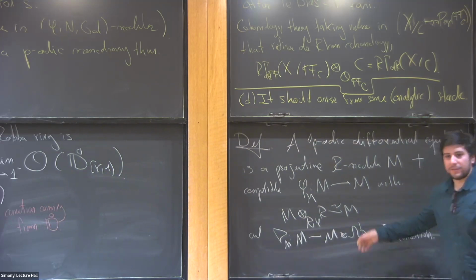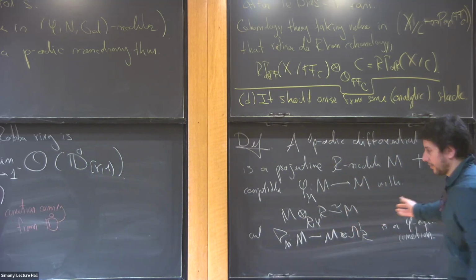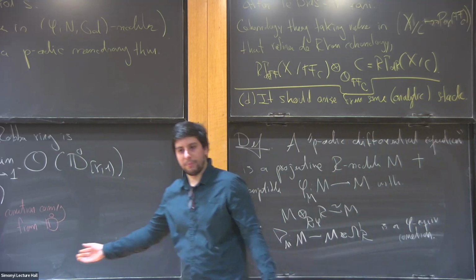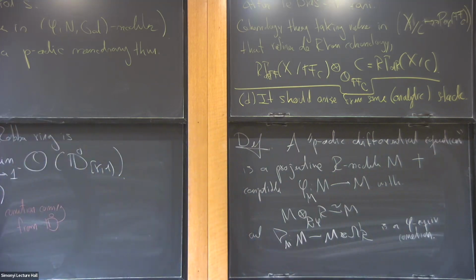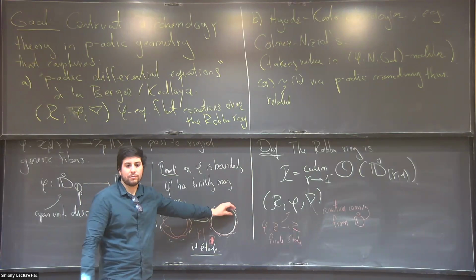In other words, p-adic differential equations are just Frobenius-equivariant flat connections over the Robba ring, which again you should think about basically as something close enough to having a flat connection on an open disk, except that maybe it's just defined over the boundary.